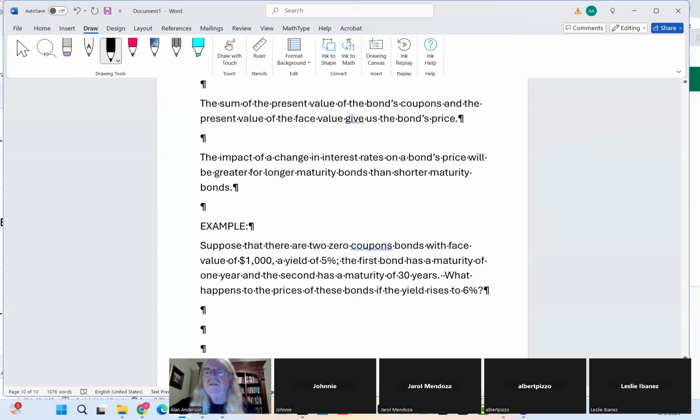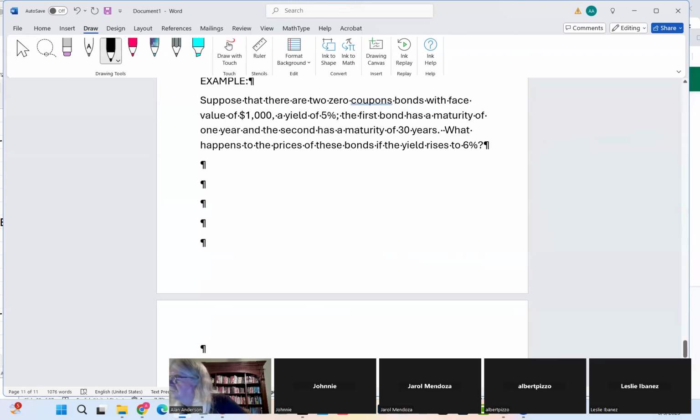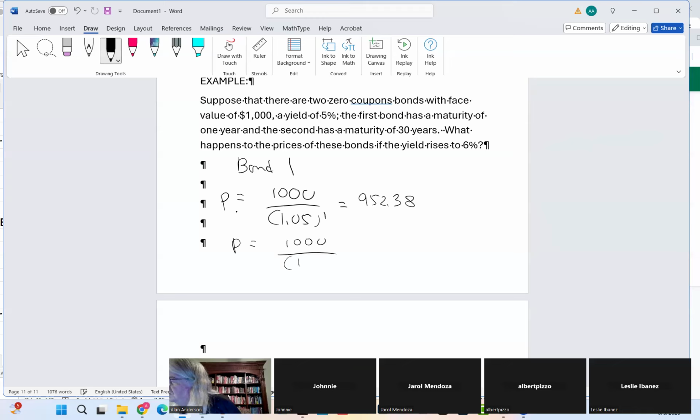All right, so for the first bond, we call it bond one, the price originally was 1,000 over 1.05 to the first power, and that would be 952.38. Now with a yield of 6%, it drops to 943.40.